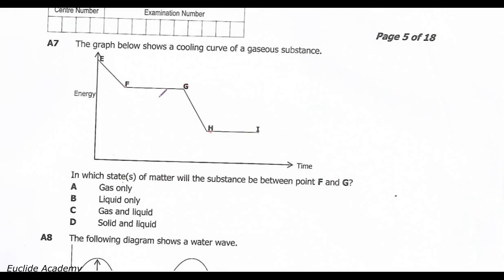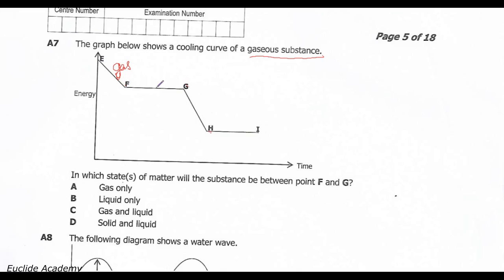Point F and G. So if this is a cooling curve, what do these level or straight lines on the graph show? So this part right here, E to F, shows the state that the substance is in. Since it's cooling, this is gas, and it's starting as a gas, since this is a gaseous substance. So the initial state, E to F, is gas.